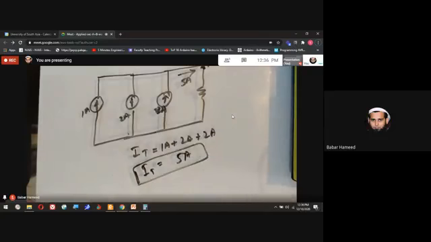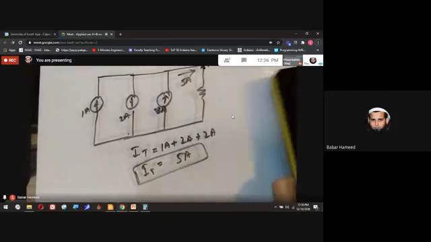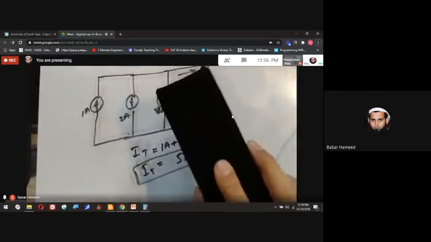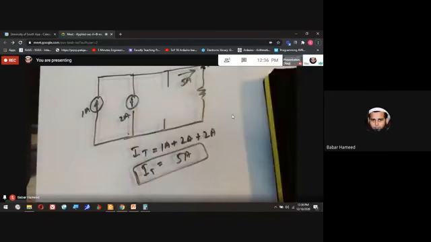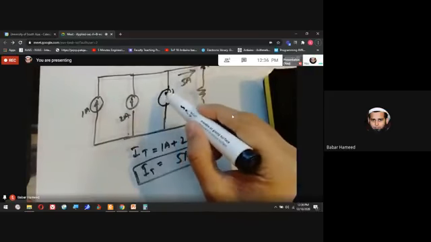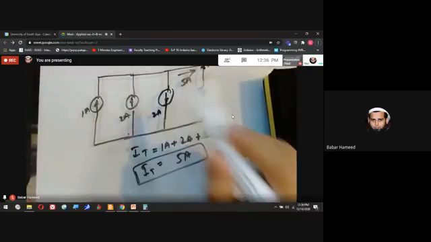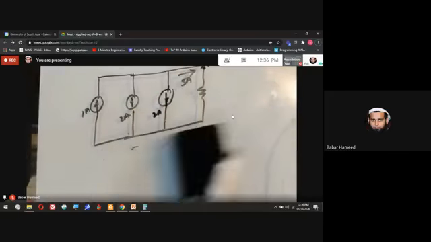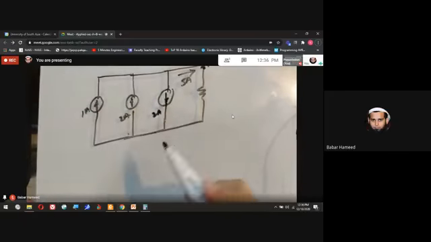And if the direction of one of the currents is opposite to the other two, the total current in node A will change. If I convert this current to downward, now two currents are going upward and one current is going downward.